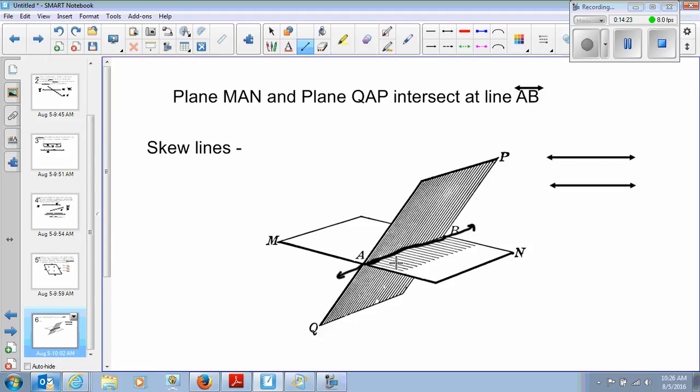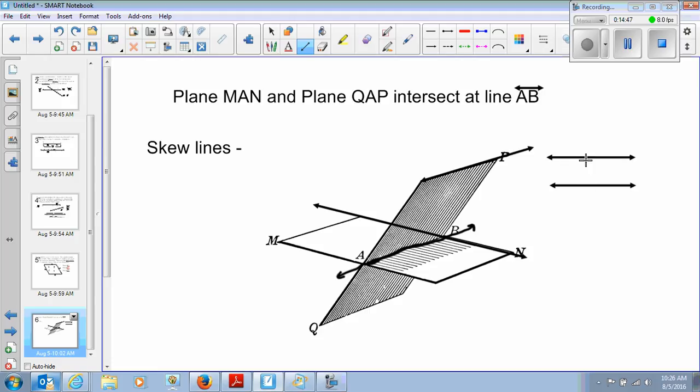Now imagine with me, if you will, that we have a line right here extending like this forever, and we have a line right here extending through forever in that plane. Now think about this. This line's up here, and this line's down here. But they're never going to touch.